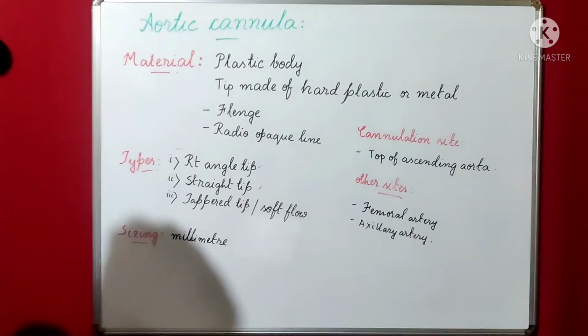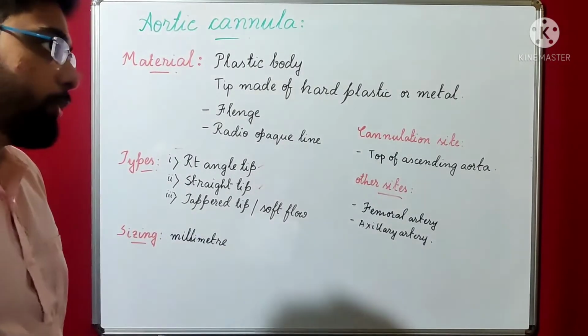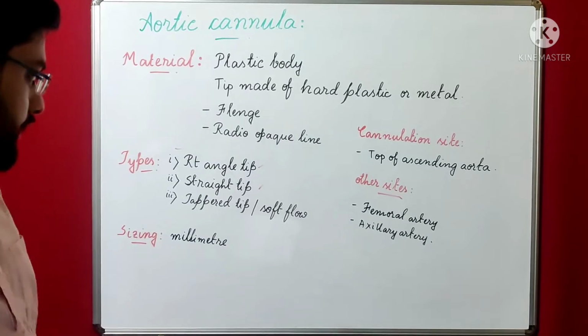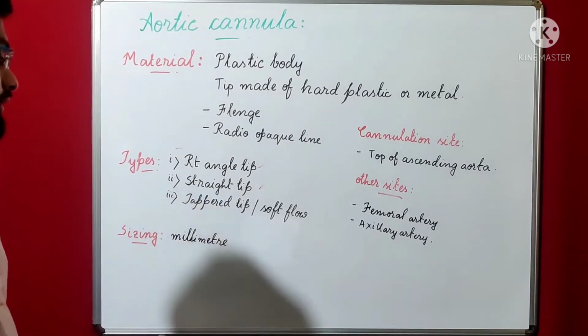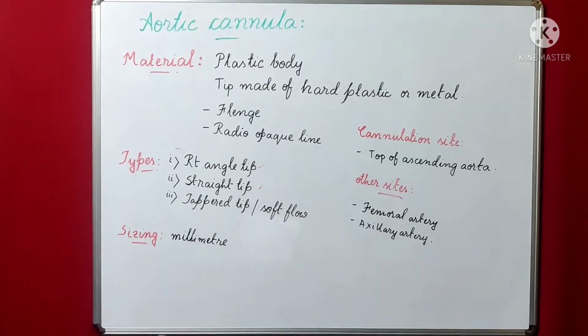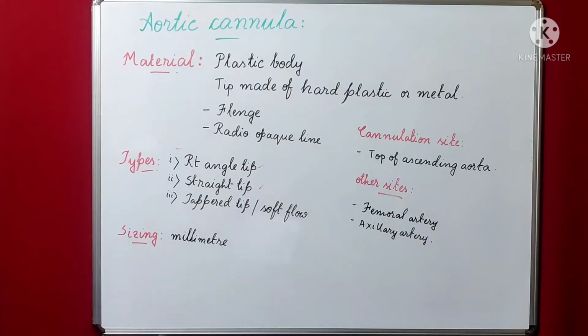The tapered tip or soft flow tip is not very commonly used. And the sizing of aortic cannula is done in millimeter. In case of venous cannula, we have seen that the sizing is done in French. But for aortic cannula, the common unit used for sizing is millimeter.